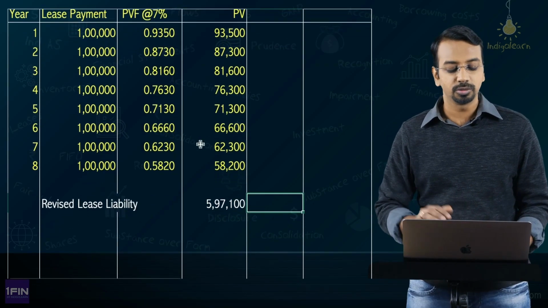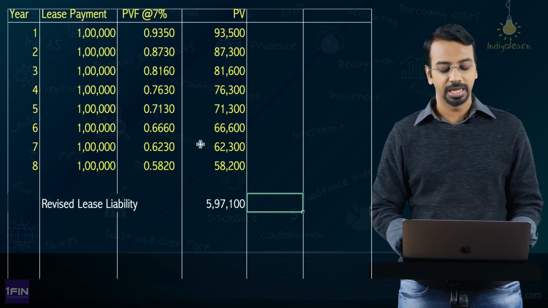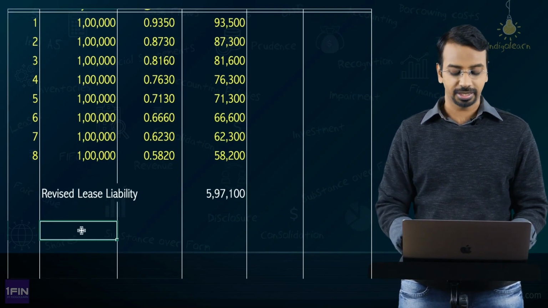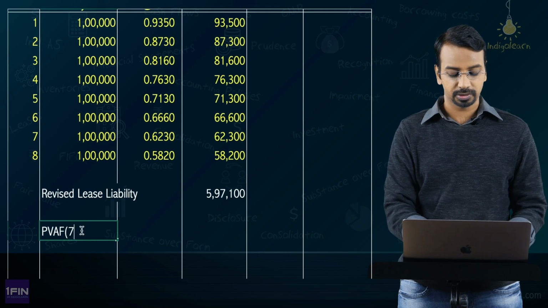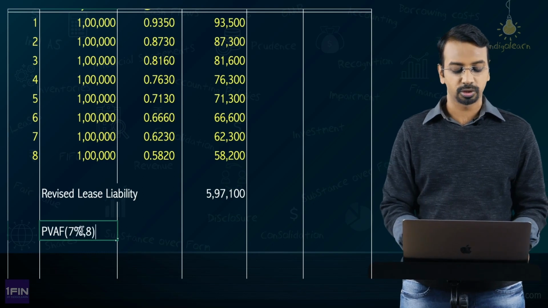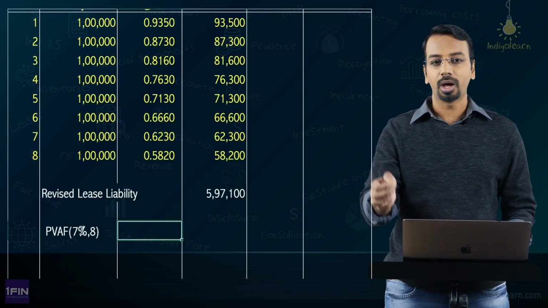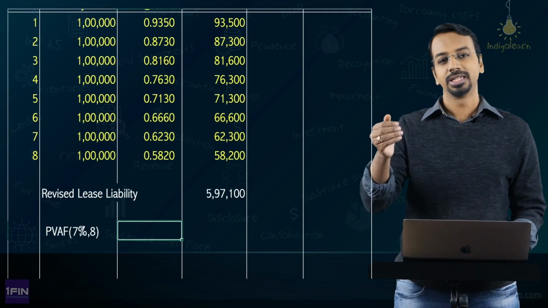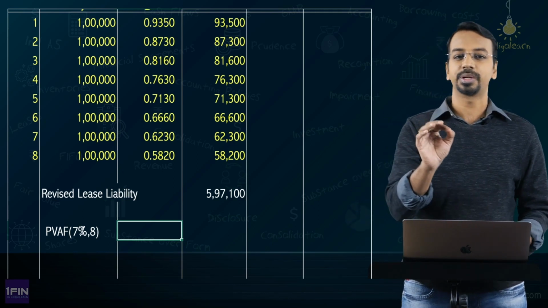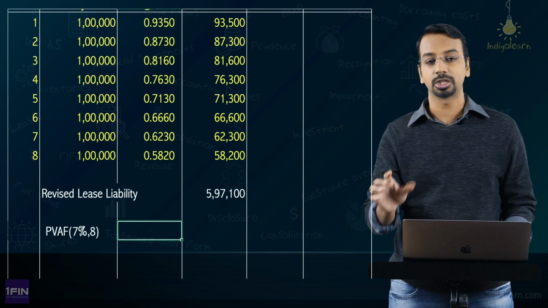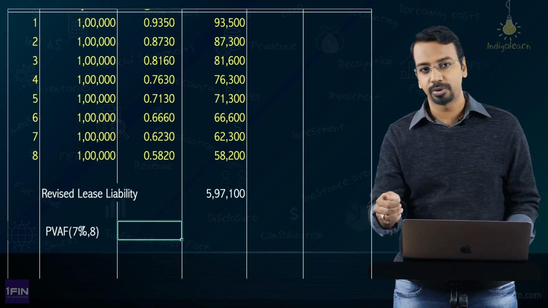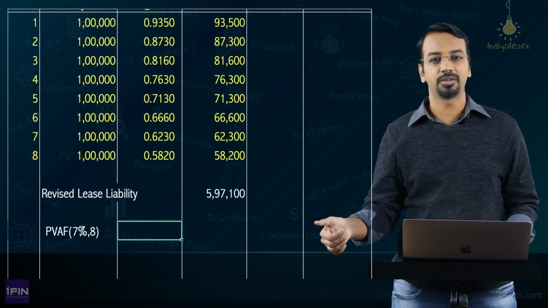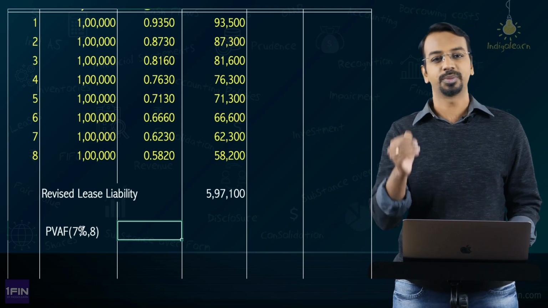Now in examination, you need not prepare this schedule all over again. Because it's an annuity, you can directly take the present value annuity factor of 7% for 8 years. And how to calculate that? Take your calculator, 1 divided by 1.07, do the calculation 8 times, hit GT, you will get the summation, or 1 divided by 1.07 equal to M plus, repeat it 8 times, do the memory recall, and you will get the present value annuity factor.